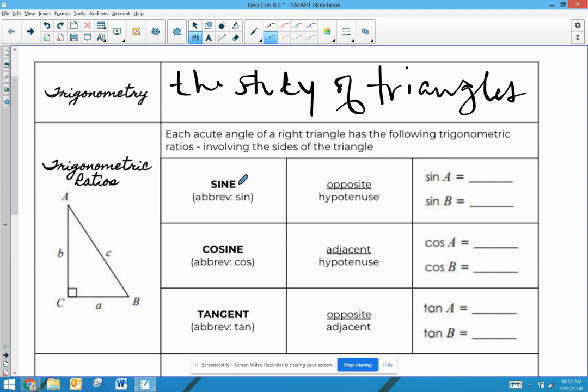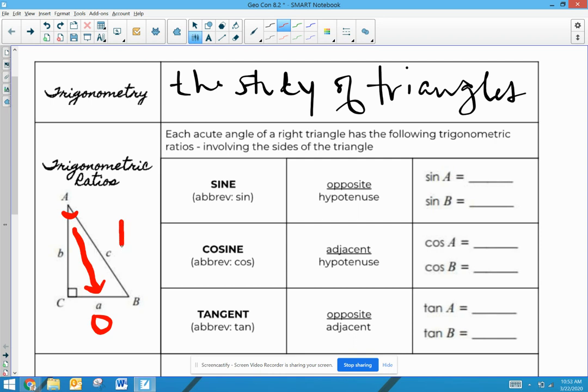And the abbreviation that you see on your calculator would be sin. So the ratio or fraction for that is the opposite side over the hypotenuse. So we're going to figure out what the sine of angle A is. So if we look at angle A right here, this is angle A. The sine of angle A, this is going to be opposite.